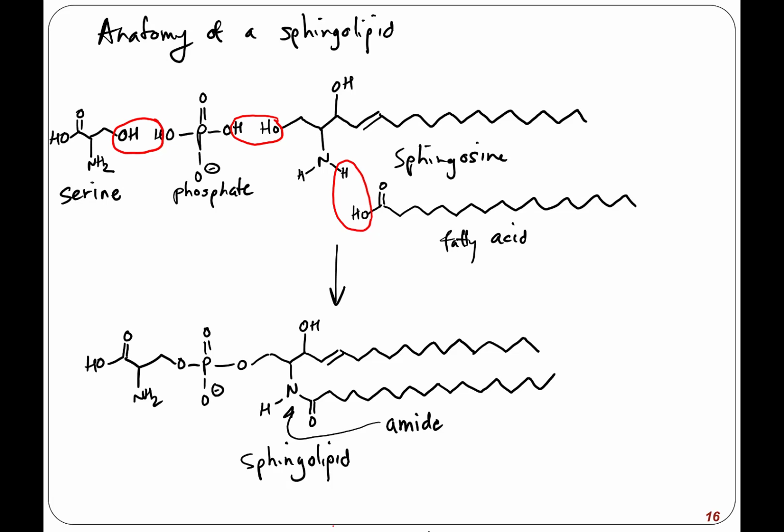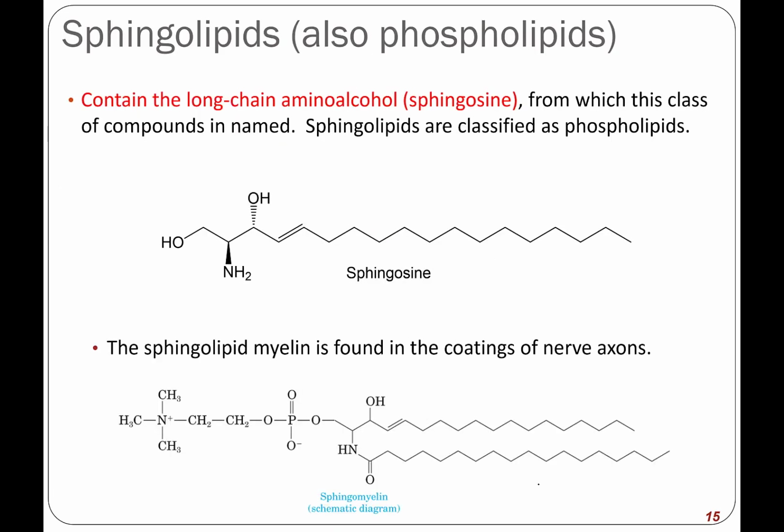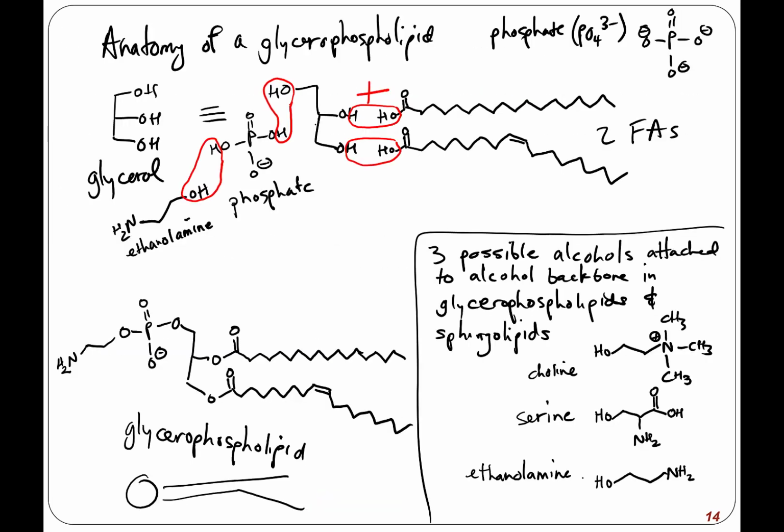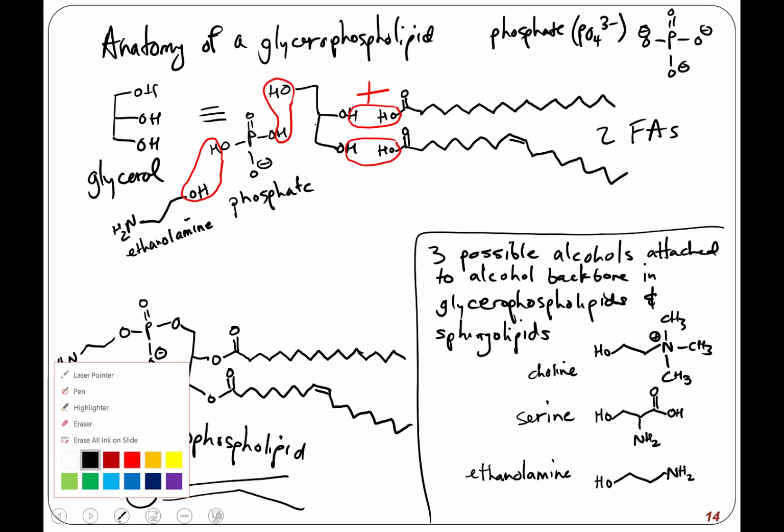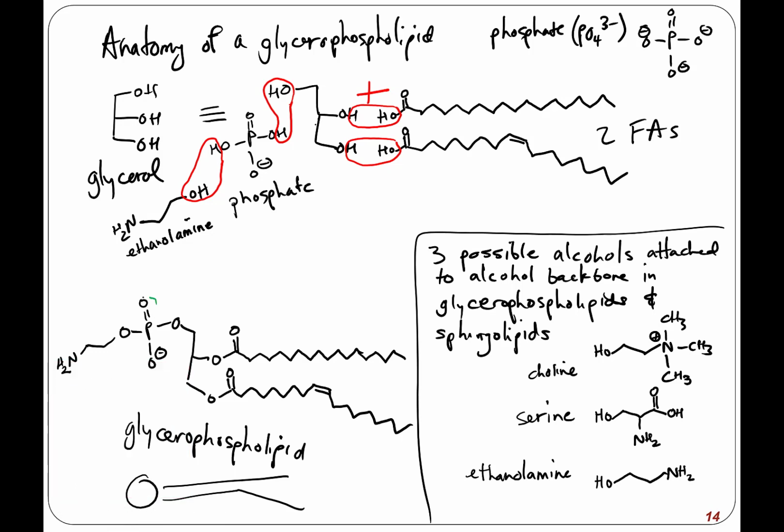Now another thing that I want to point out here. Let me just get a different color. Let's do green this time. Notice that that's a phosphate ester, and if we're circling this, that's also a phosphate ester.